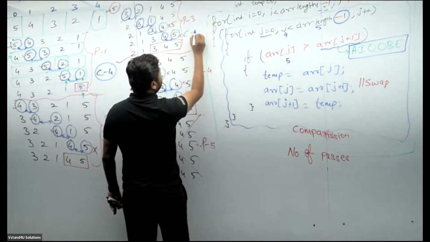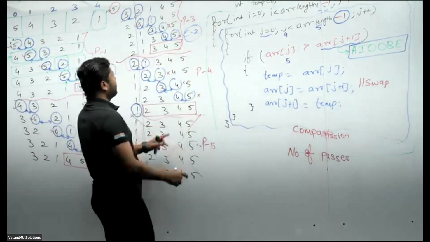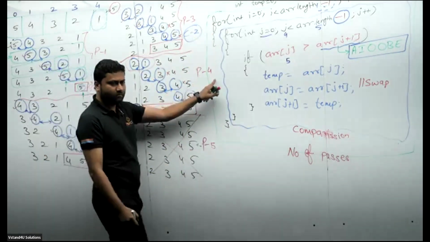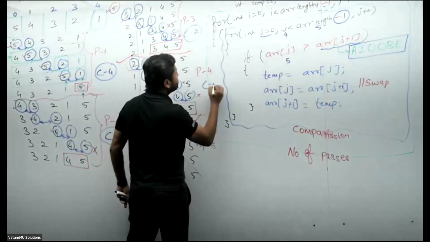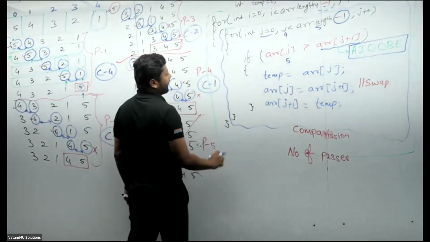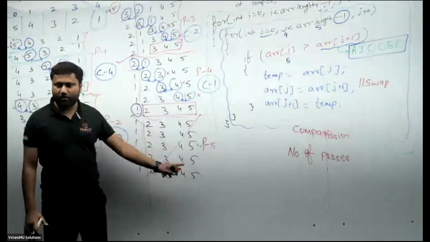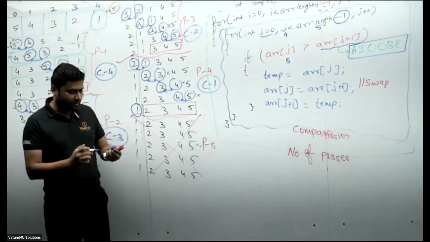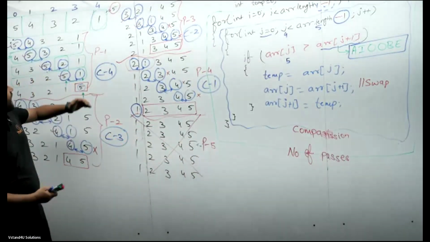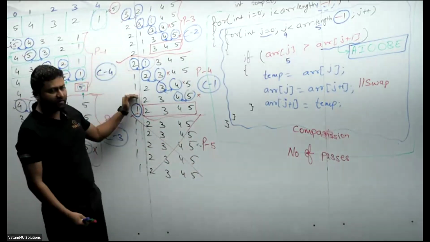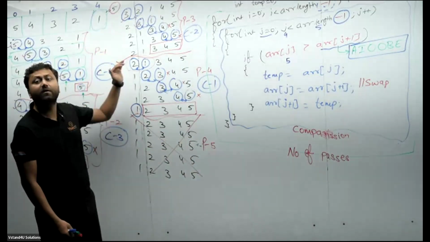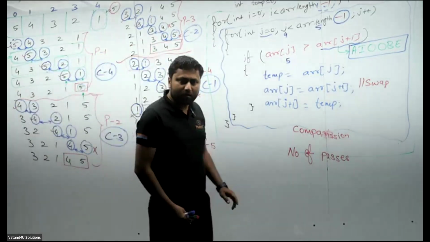Comparison over here, only one. If you observe, as we are increasing the number of passes, we are reducing the number of comparisons. Is this clear?